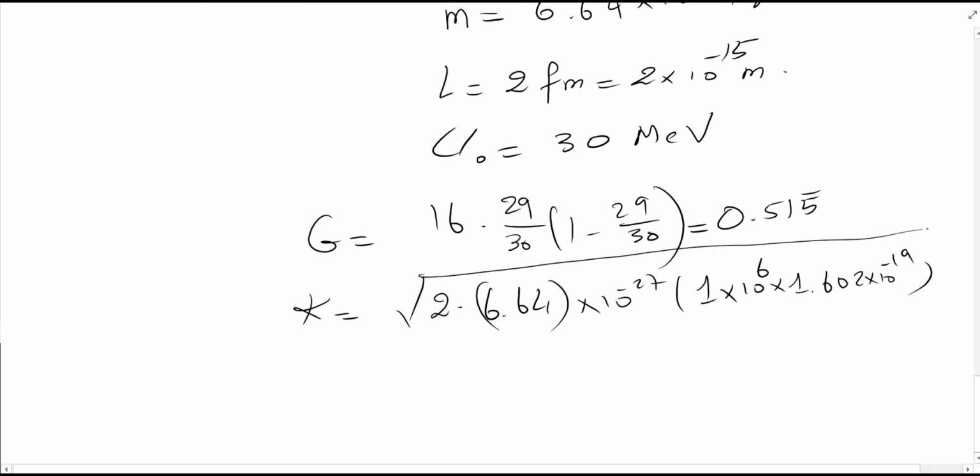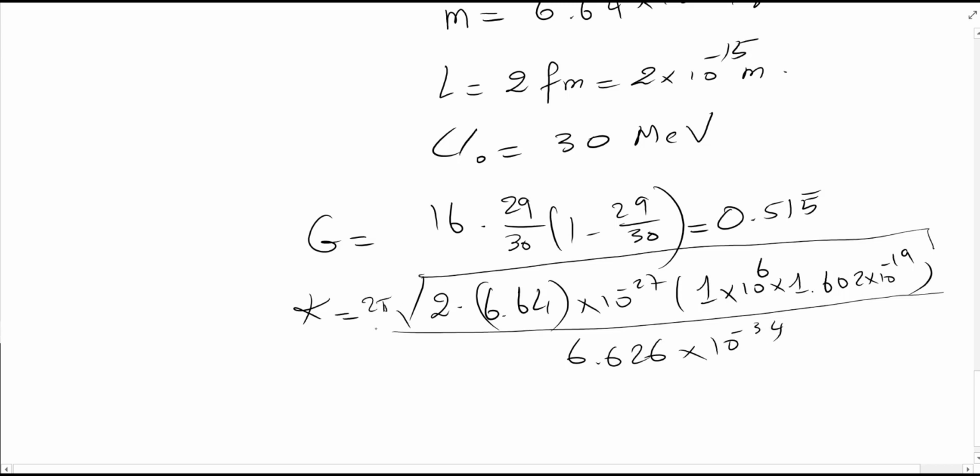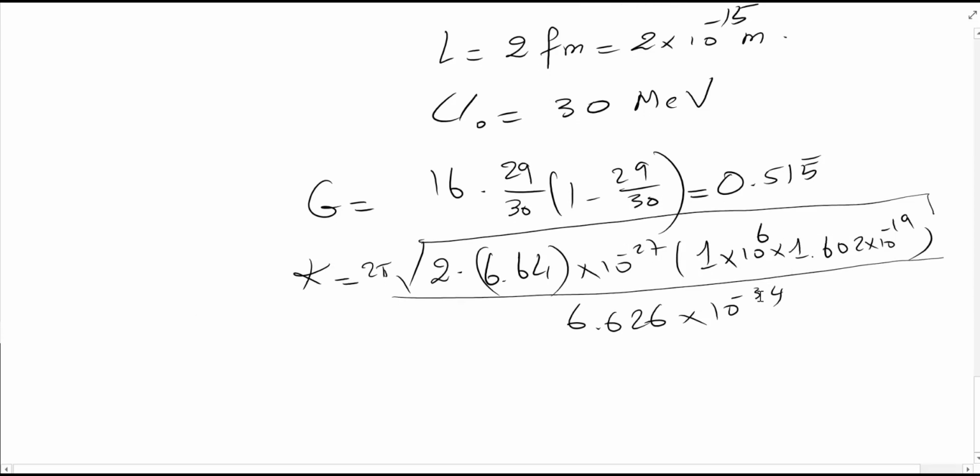Since I really don't memorize h bar, I should. I know what h is, which is 6.626 times 10 to the negative 34, and then I have to divide in here by 2 pi. So let me plug this number in here to find kappa. It's going to be a big number because of this 10 to the negative 34.